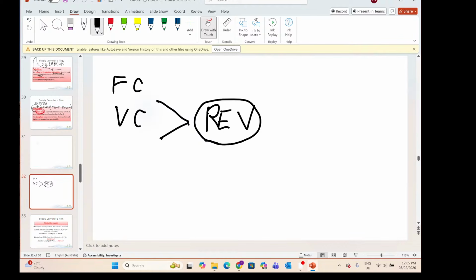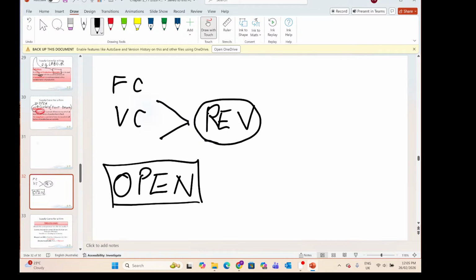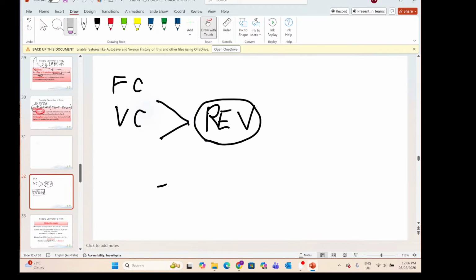So if you open your business, this is what you do. Your business is open. Your variable cost is greater than your revenue, then you are going to make a loss, a loss compared to your variable cost.